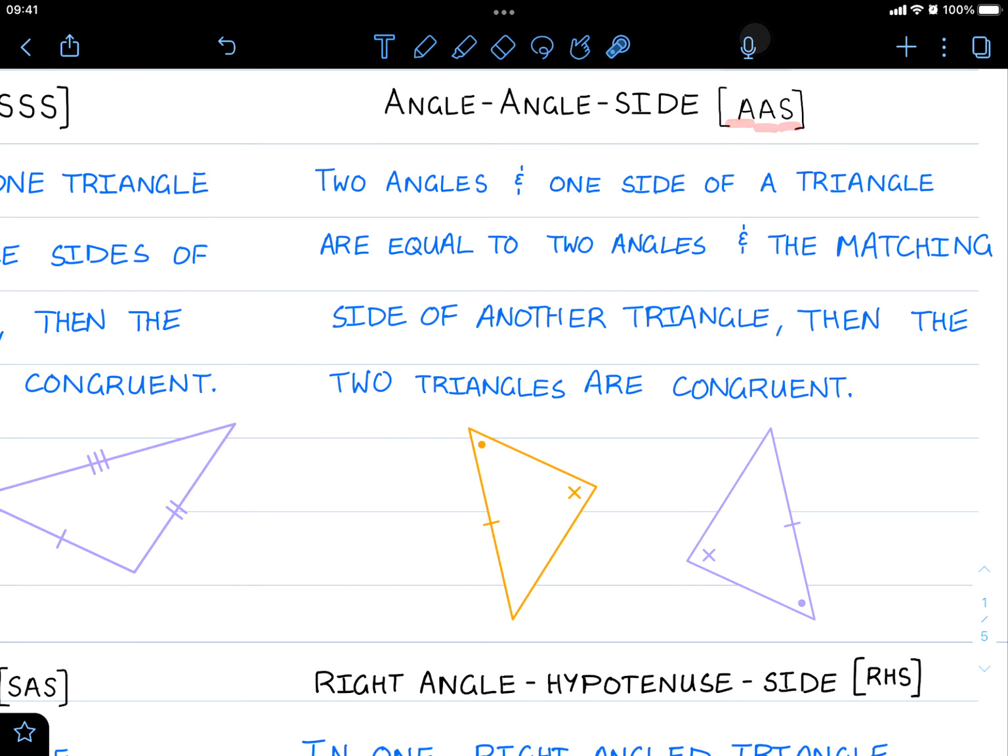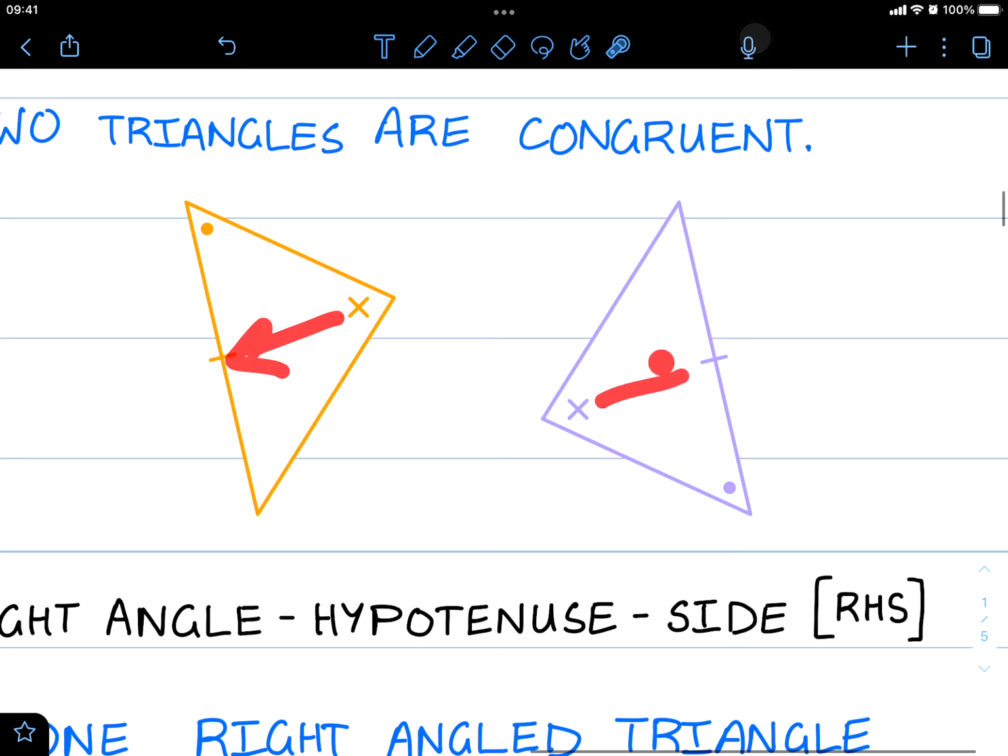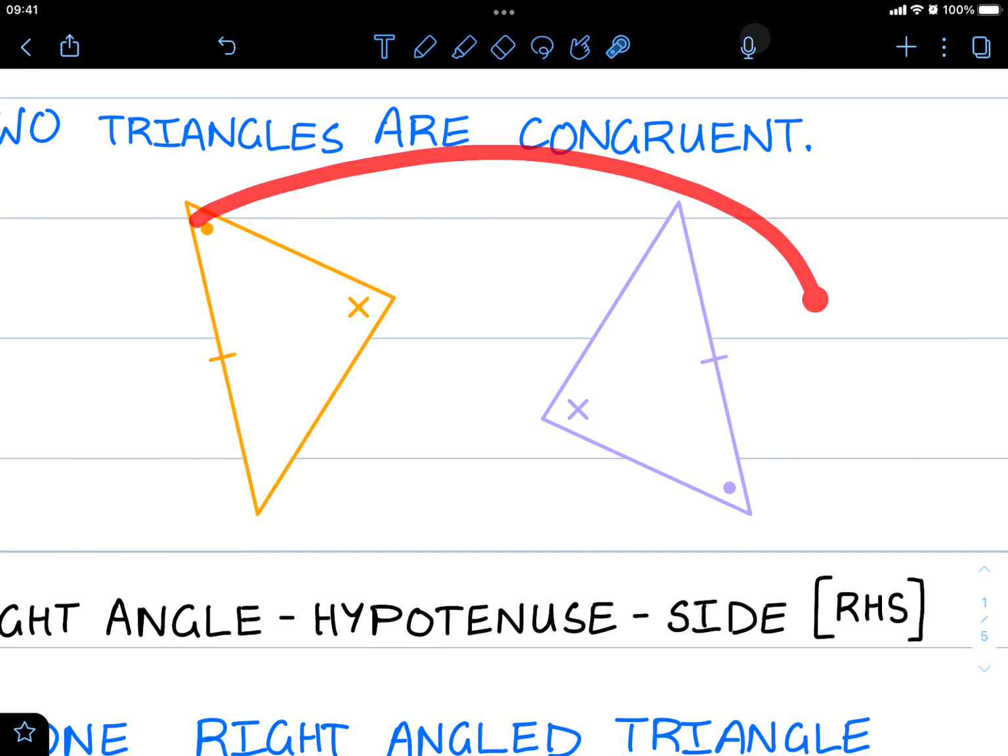And the side that's given that are equal is also opposite the X in both triangles. So this angle is opposite the side. This angle is opposite the side. So these are equal and in the same position. Therefore, these 2 triangles are congruent.